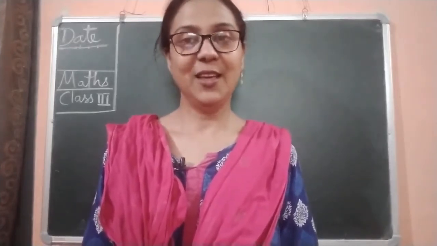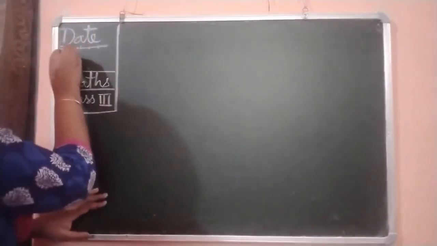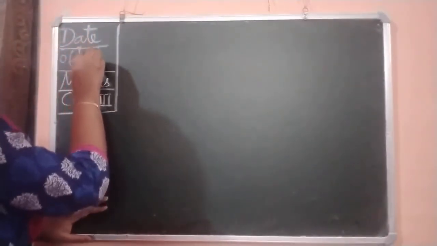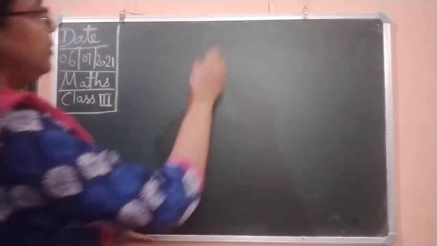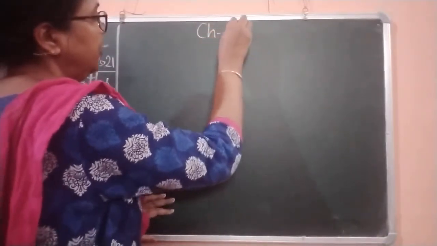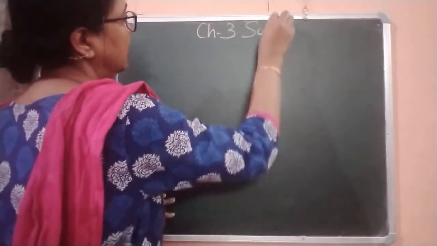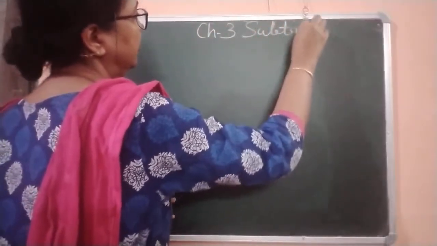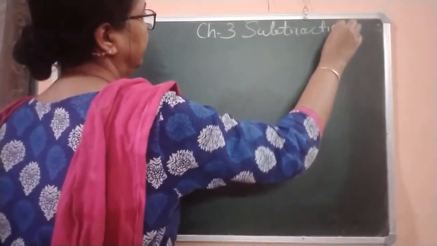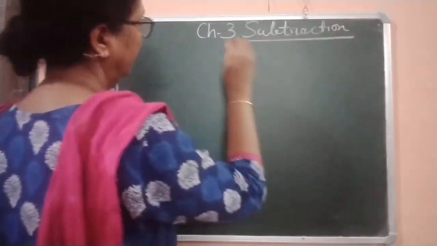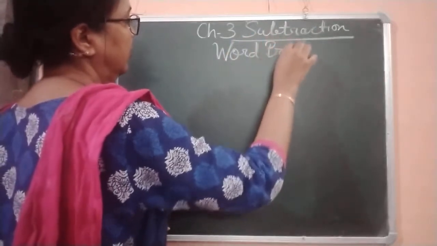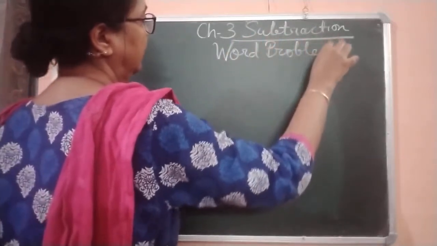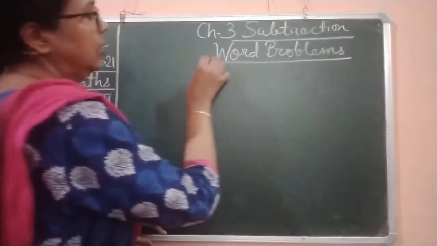Okay children? So today is 6th July 2021 and we are doing chapter number 3, Subtraction word problems. Okay?